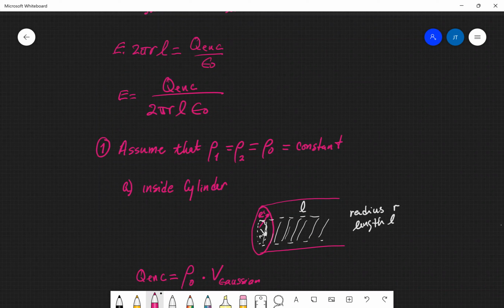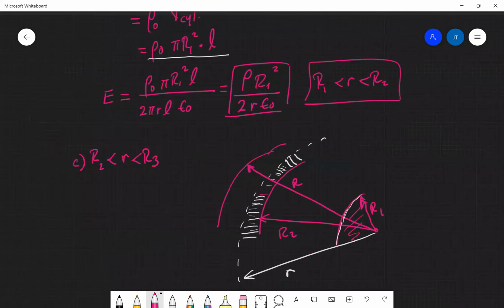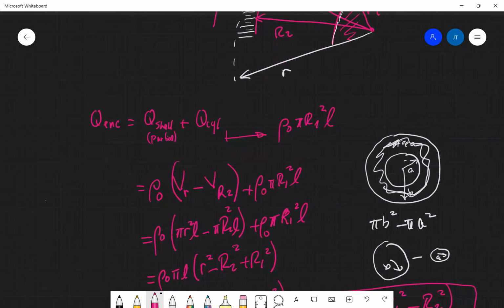So I'll probably make rho 1 a function of r, or of r squared, and rho 2 a function of r, or vice versa. And then see how we can compute the electric field in these 4 regions. All right? So that will be in the next video for the coax cylinder.